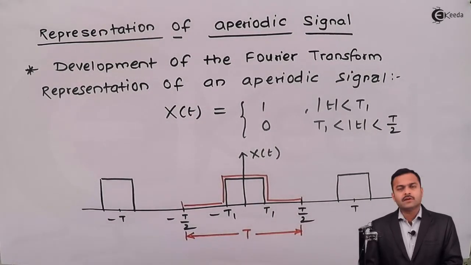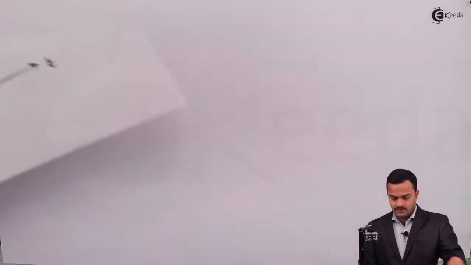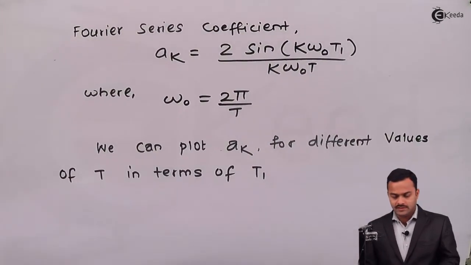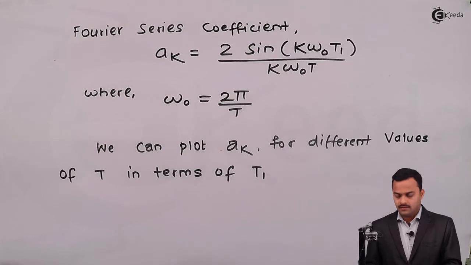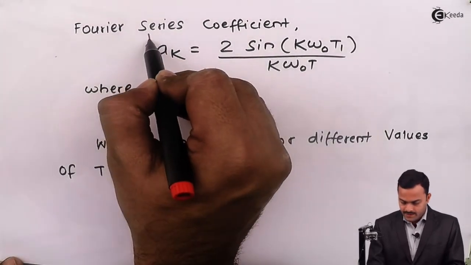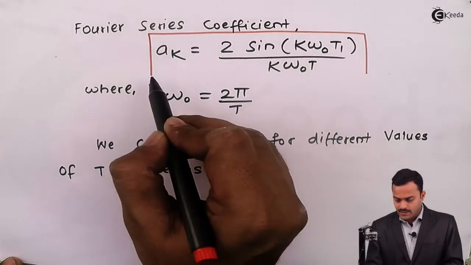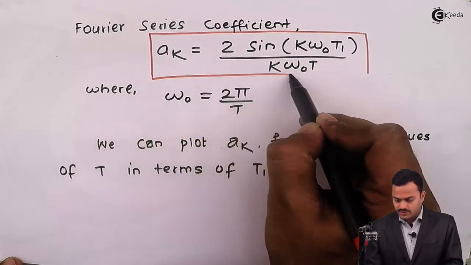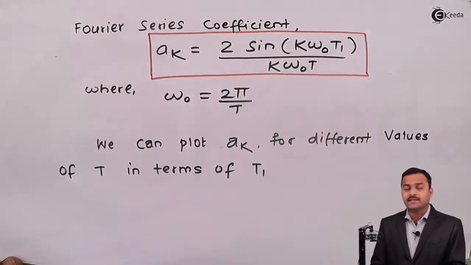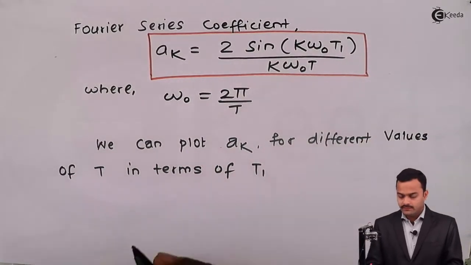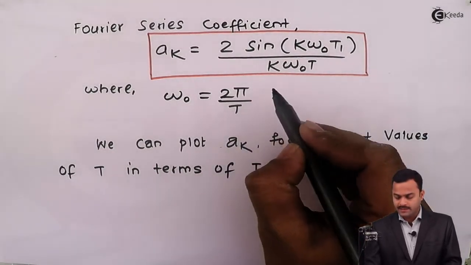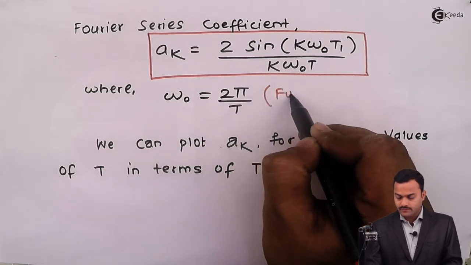For this, if we use a Fourier series expansion, we will get the Fourier series coefficient like this: a_k equals 2 sine(k omega 0 T1) divided by k omega 0 T, where omega 0 is 2 pi by T, which we call the fundamental frequency.